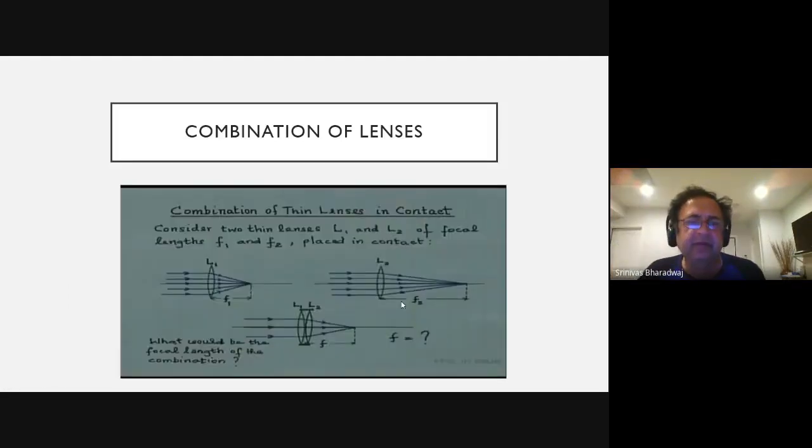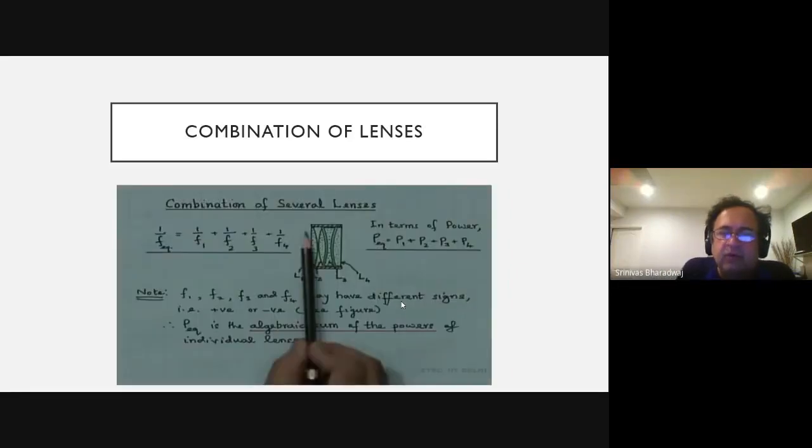Combine two thin lenses, L1 and L2, of focal lengths f1 and f2, placed in contact. What will be the focal length of the combination? The focal length of the combination of several lenses is 1 by f equals 1 by f1 plus 1 by f2 plus 1 by f3 plus 1 by f4, almost like resistors in parallel.